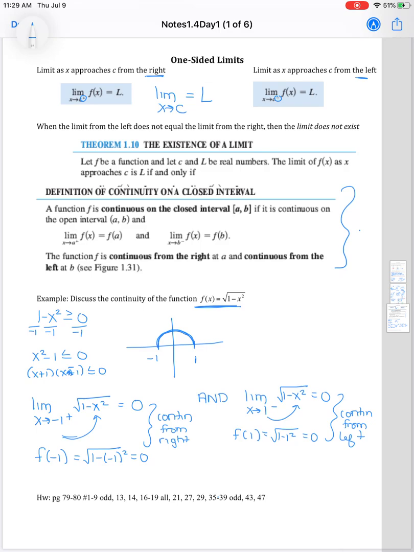So if you are continuous from the right and you are continuous from the left, therefore f of x is continuous on the closed interval from -1 to +1.